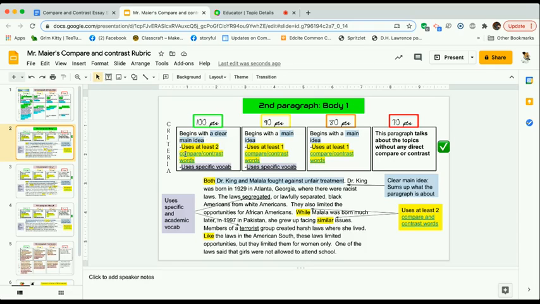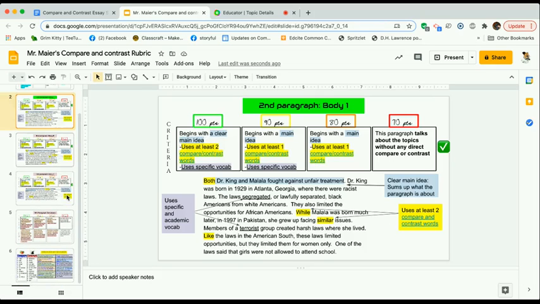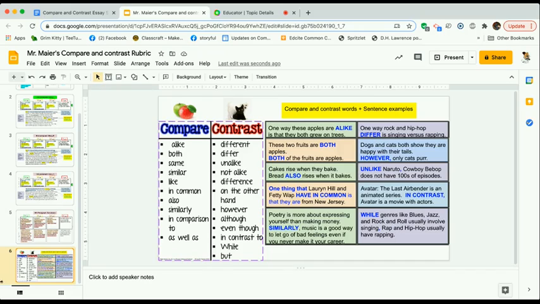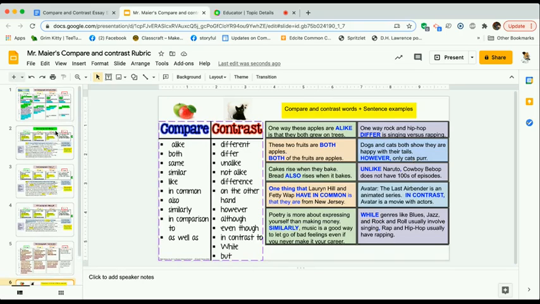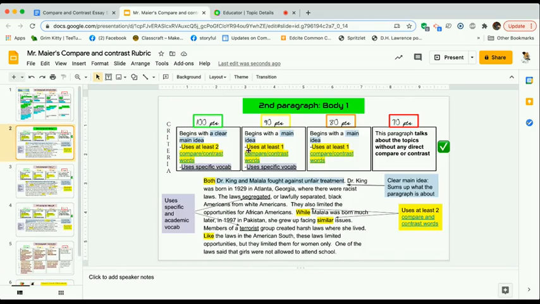Within the paragraph, I'm going to use at least 2 compare and contrast words. All your compare and contrast words are on the last slide with examples of how to use them. Please make use of this because it's there so that you can use the words correctly. Don't use the words incorrectly when you have examples of how to use them correctly. Okay? So you're going to be looking at this, going, okay, I have 2 compare and contrast words, and finally, I use specific vocabulary words.